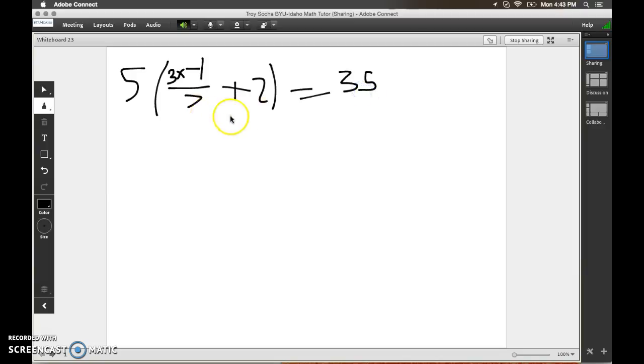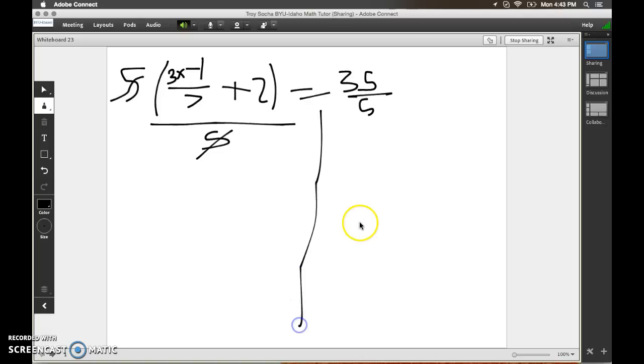So it's tempting for us to just minus the 2 over, but we can't because it's inside the parenthesis. So the first thing we have to do is divide by 5. That'll cross that out. If we divide that by 5, we get, so we're doing our line down the side here, 7 on this side, and 3x minus 1 over 7 plus 2.